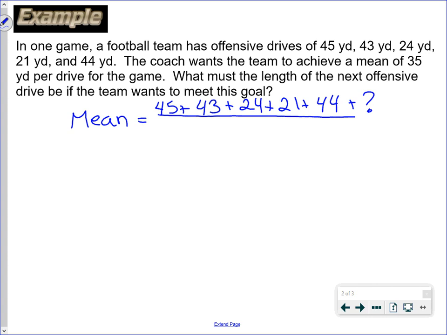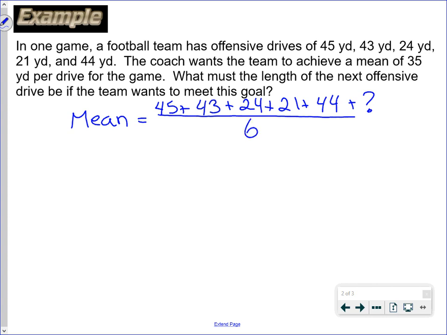So at the moment, we are given 5 offensive drives, so how many yards for each drive. But we also want to include this extra one. So we want to include that 6th drive in order to find that next data point.